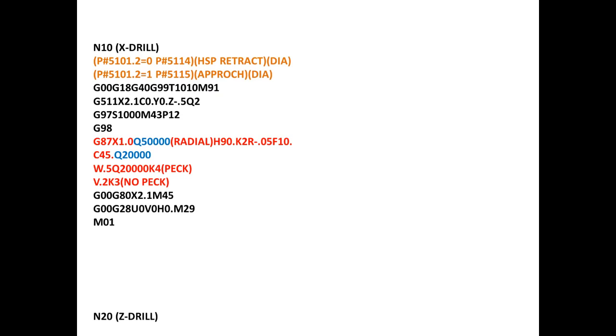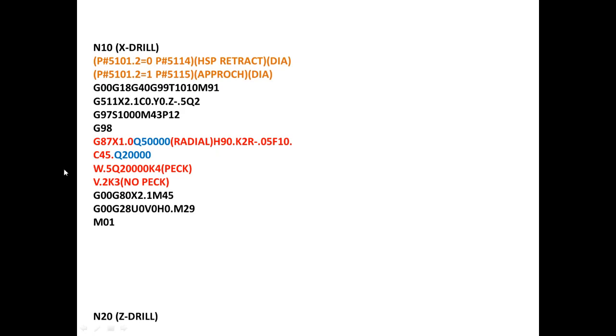So you're going to have a pecking cycle about 3 times, 400,000 diameter smaller each time, and then it will come back based on your parameter setting, and a couple of pecks going on the second line.